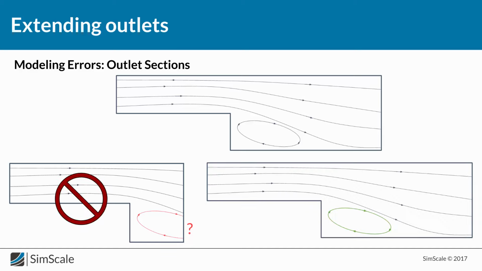Our job is to make sure that the flow has enough space to develop features that it's having, like recirculations, and that the outlets really perform the function that they are supposed to be doing. That is, taking the flow away, not introducing the flow into the domain. So we are extending outlets.